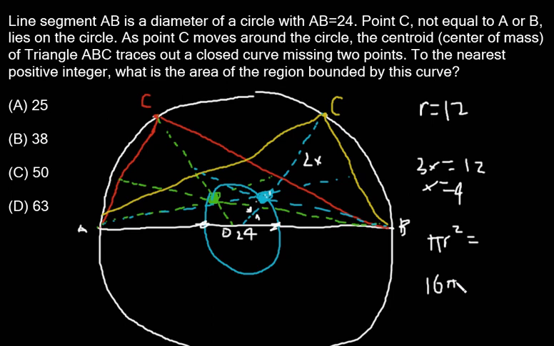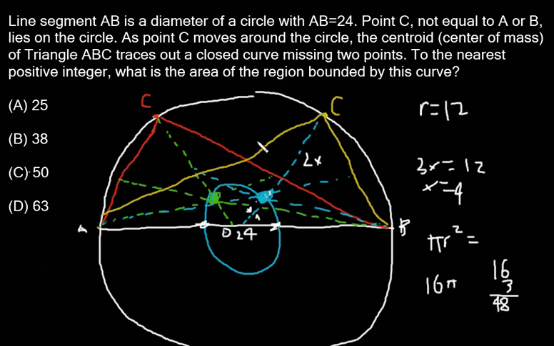They want us to give an about estimate. We know that pi is equal to 3.14159 and so on, so pi is about 3, because 3.14 rounds down to 3. So 16 times 3 is equal to 48. And 48 is closest to 50 in all of these answers right here.